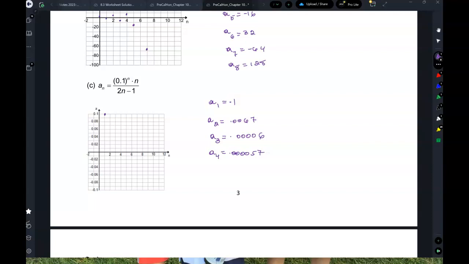These are all positive, right? 0.0067, so that's like here. 0.0006, and then these are just down there. So what do you think? Who says convergent? Raise your hand. Who says divergent? Raise your hand. Yes, it would be lower. Oh, that's 0.06, sorry. Then it's much lower, down there somewhere. So this is definitely convergent.